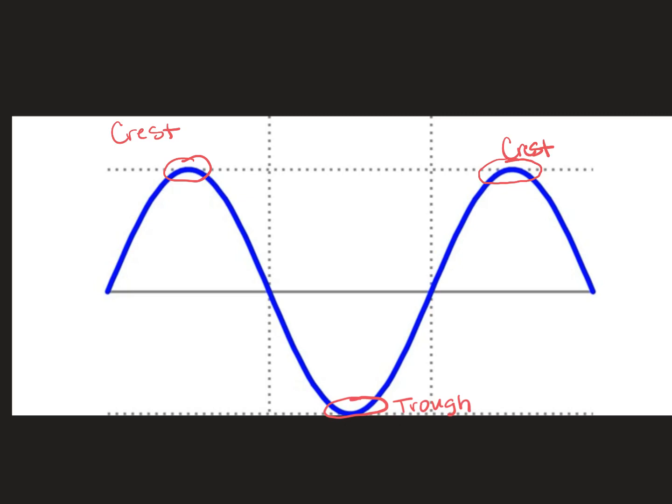The wavelength would be from the highest point to the highest point. So this is my wavelength. What is the wavelength? It's the length of the wave.